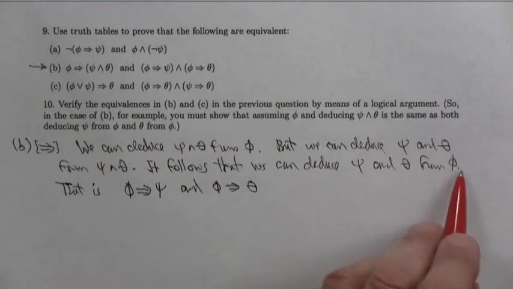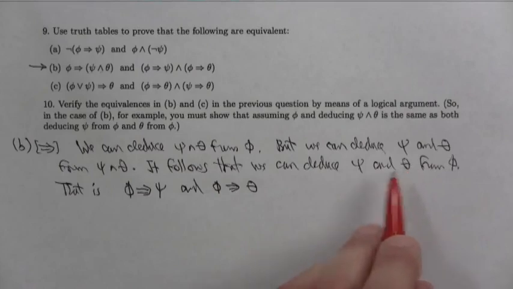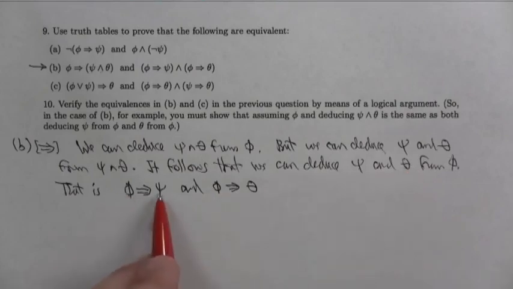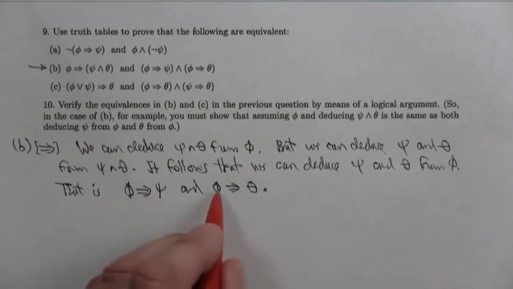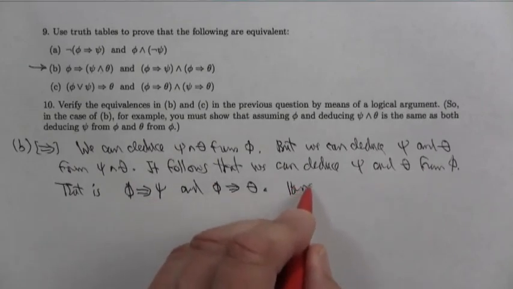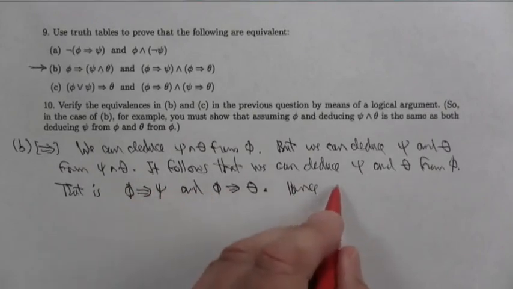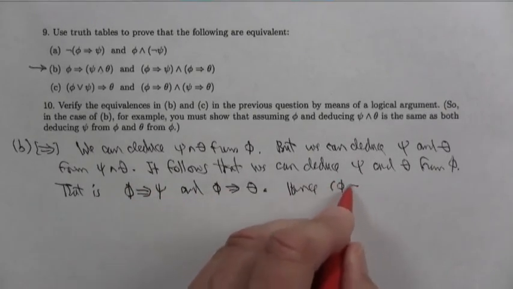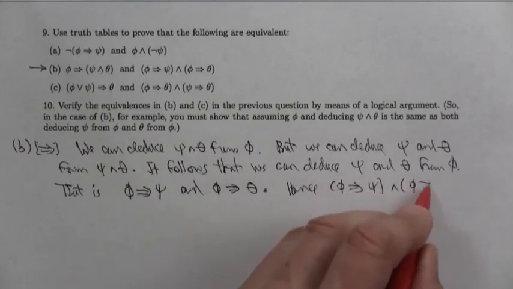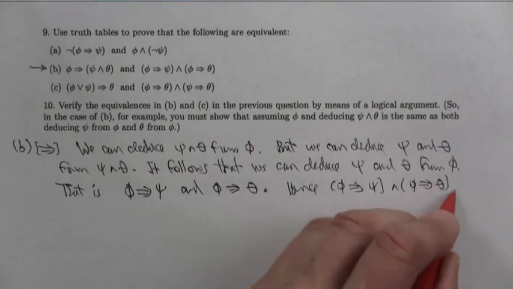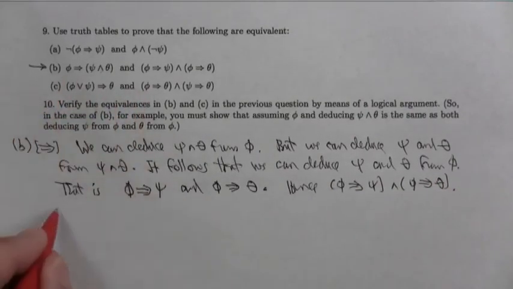We can start with phi and we can deduce psi, we can start with phi and we can deduce theta. So we can go from phi to psi, we can go from phi to theta, and if we can do those two, then we've got their conjunct. If that's established and that's established, then it means we've established phi yields psi and phi yields theta. Okay, well that was the left to right direction.